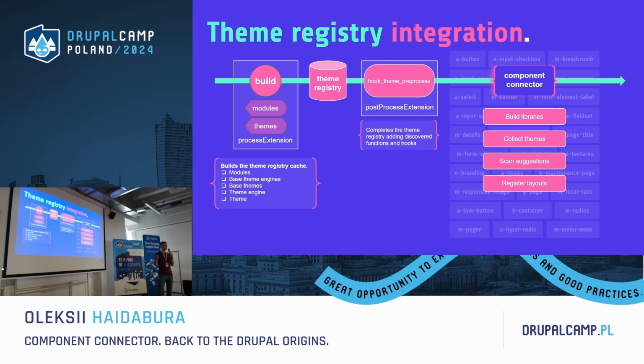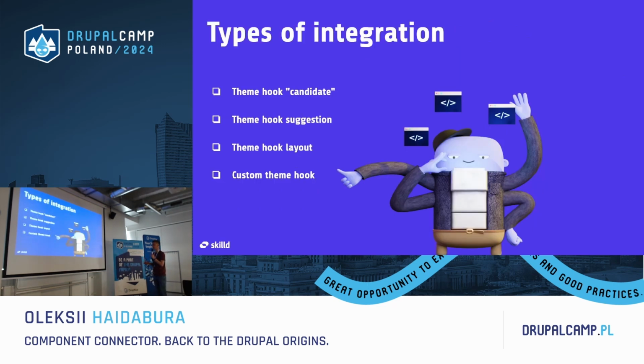So what's happening? Once the registry is built and processed and it's finally ready to be used, Component Connector scans all possible YAML files and extends this registry. So we are changing it a bit.